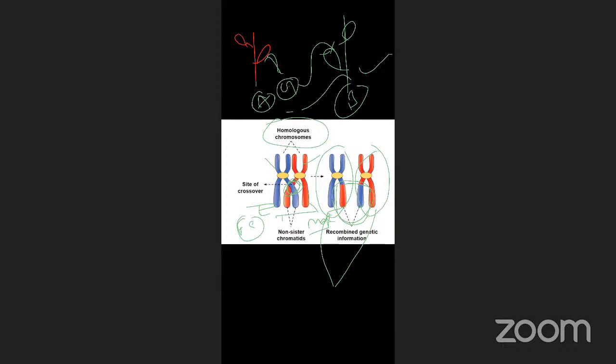It might be a desired character or an undesirable character, it may be beneficial or not beneficial to us. But in the transgenic process, we select the desired gene and transfer the desired genes only from one organism to another organism.